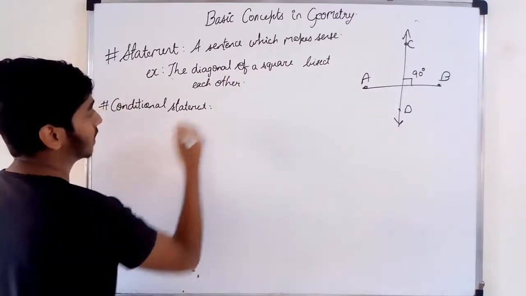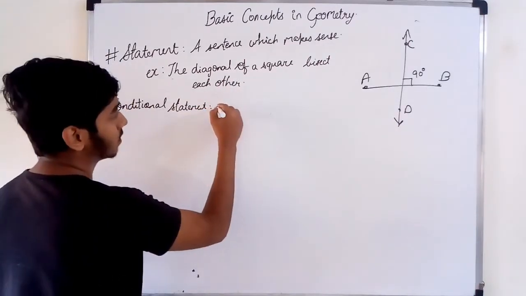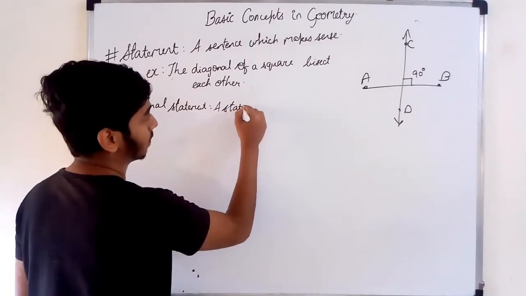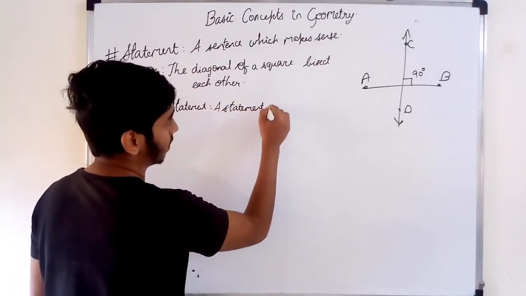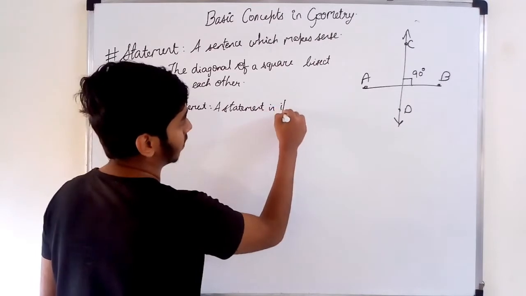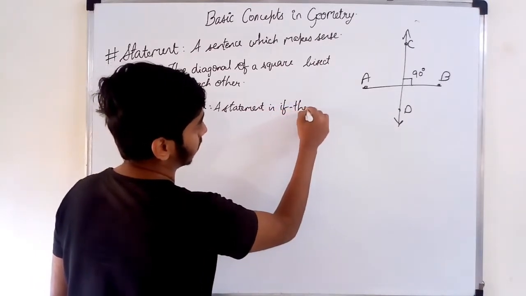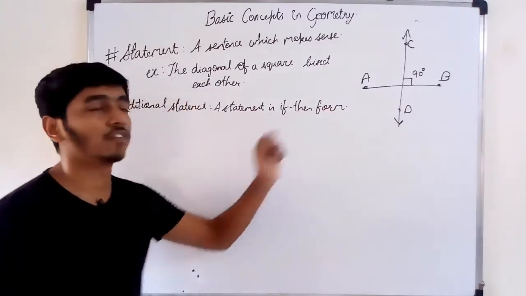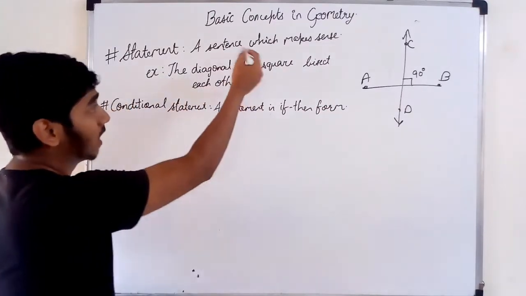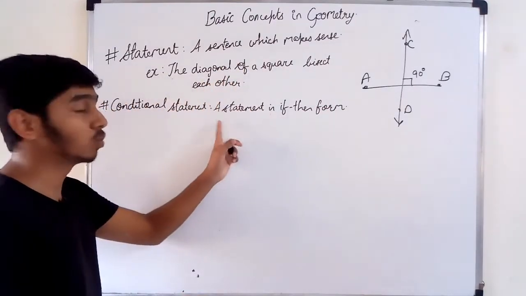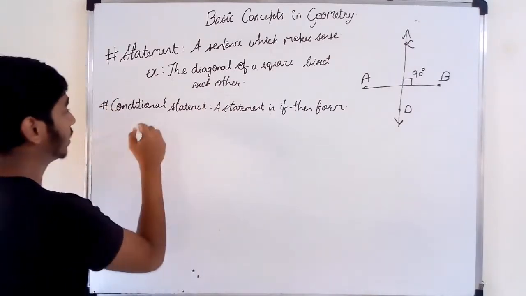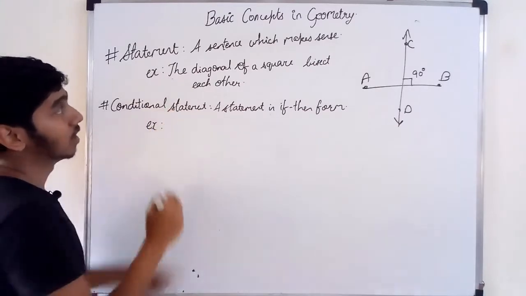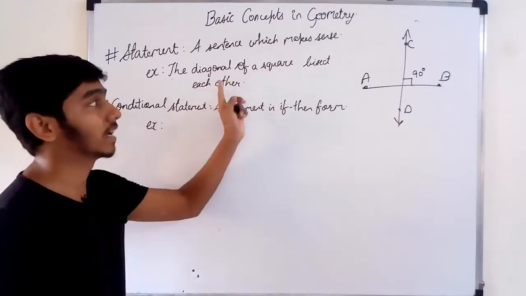So simply we can say a conditional statement is a statement in if-then form. Let's convert this statement into a conditional statement. The example is taken from here itself: the diagonals of a square bisect each other.